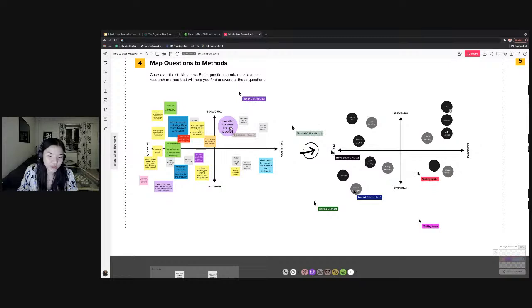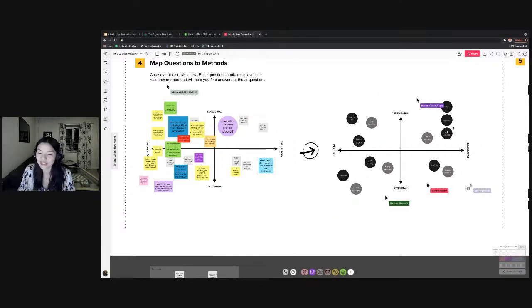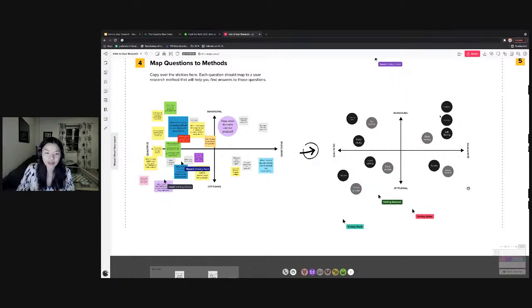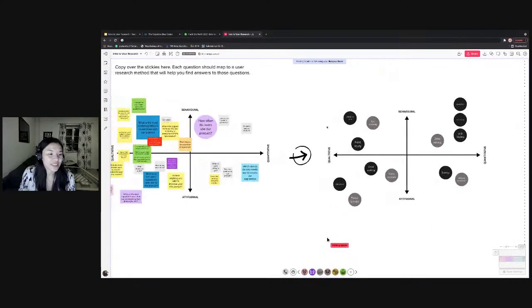So for example, this one, how often do users use our product? If you actually want to know something very behavioral about them and quantitative, then it's about actually setting up some sort of analytics tool and counting that up to get that more general source on it. And then something like this, what is the biggest challenge the user is looking to overcome with the new product?